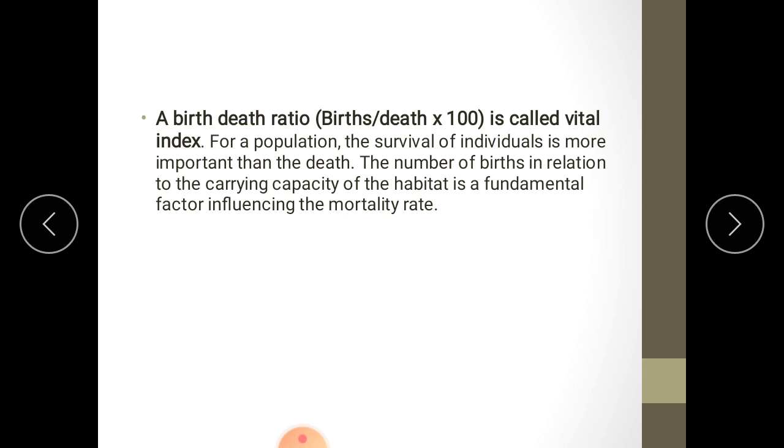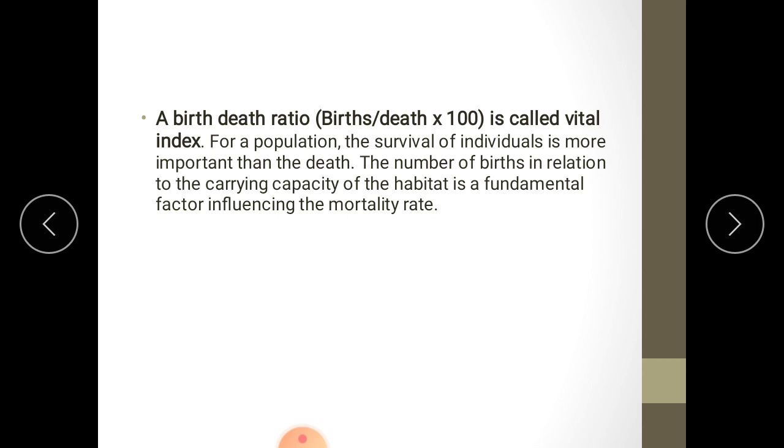The number of individuals in relation to the carrying capacity of the habitat is a fundamental factor influencing the mortality rate. So any habitat would have its own carrying capacity. What is the meaning of carrying capacity?